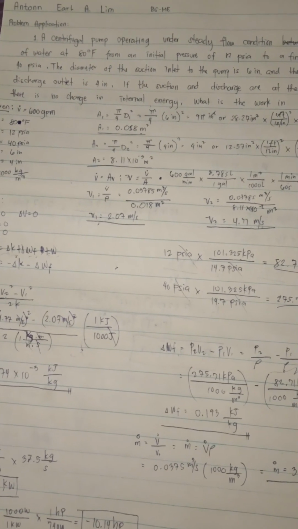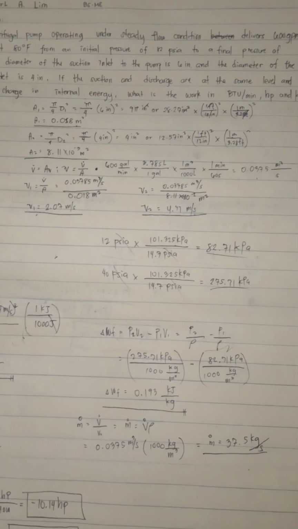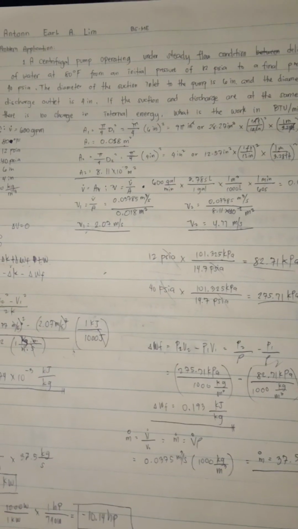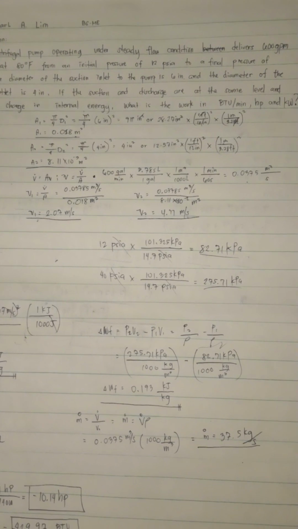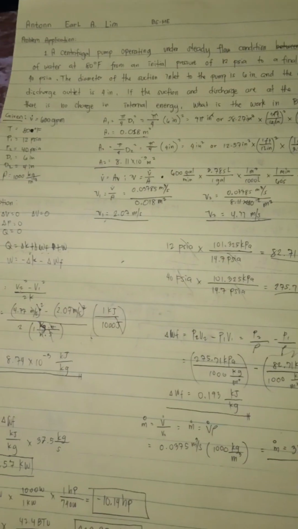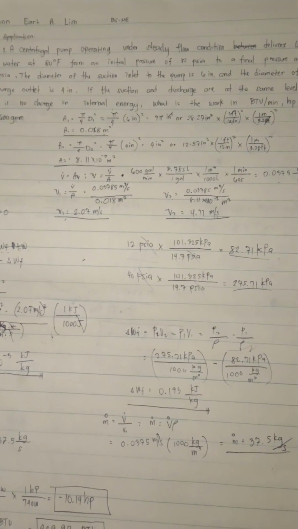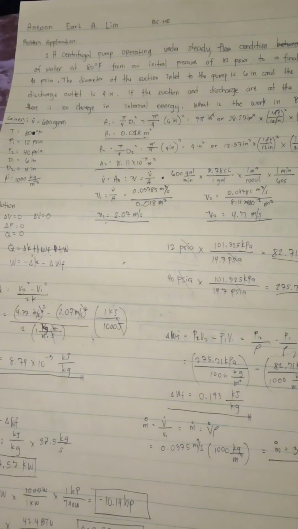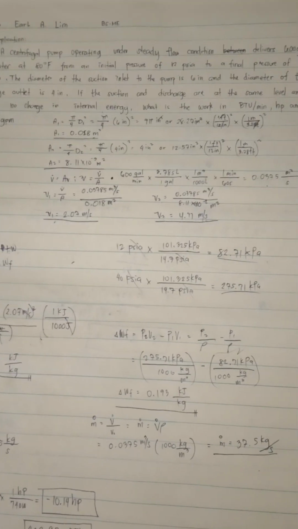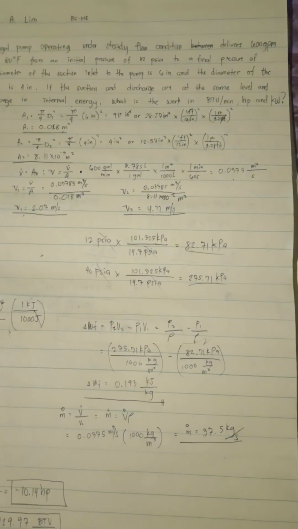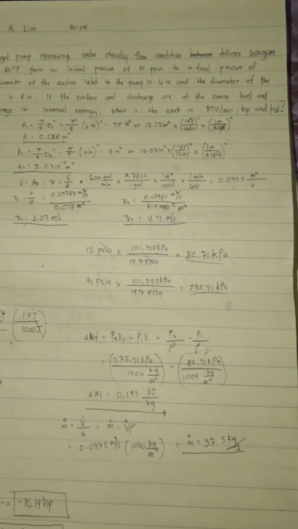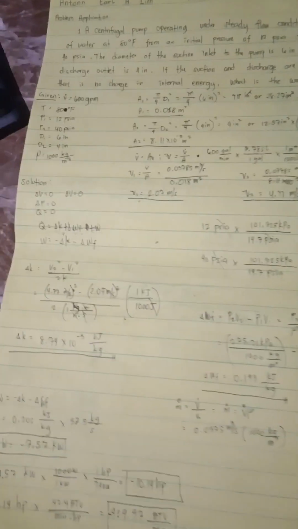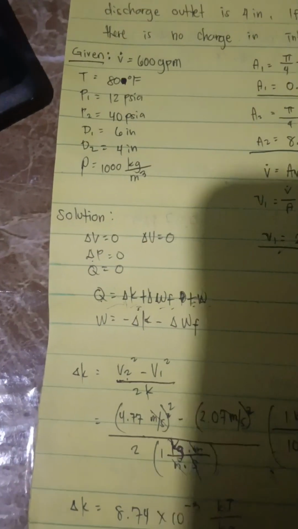The diameter of the suction inlet to the pump is 6 inch and the diameter of the discharge outlet is 4 inch. If the suction and the discharge are at the same level and there is no change of internal energy, what is the work in British thermal unit per minute, horsepower, and kilowatts? So here are the given values.